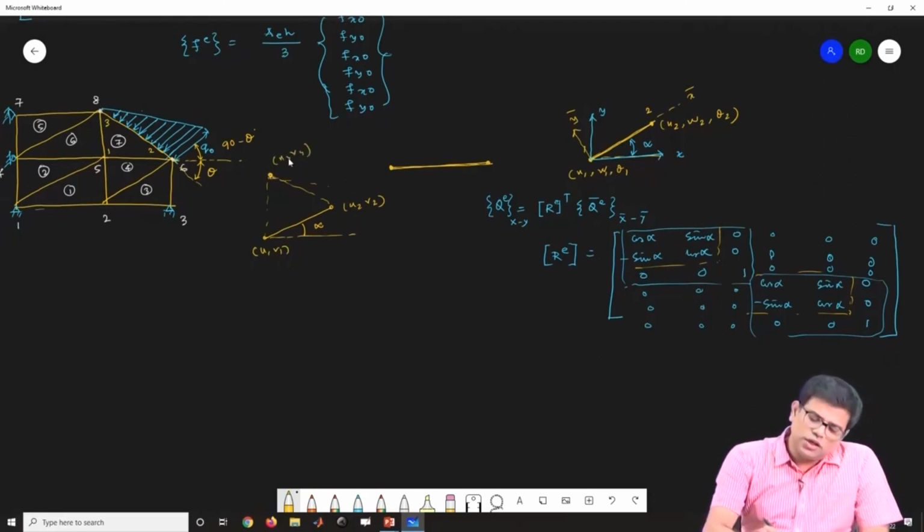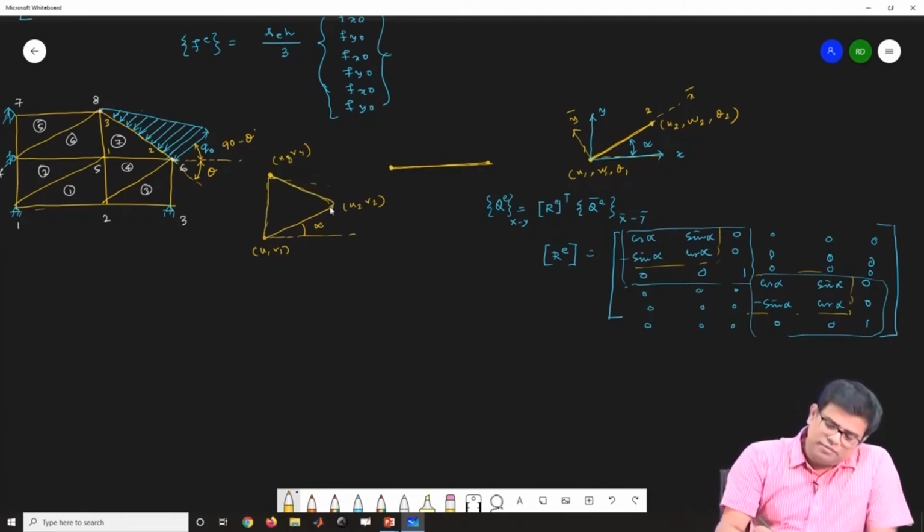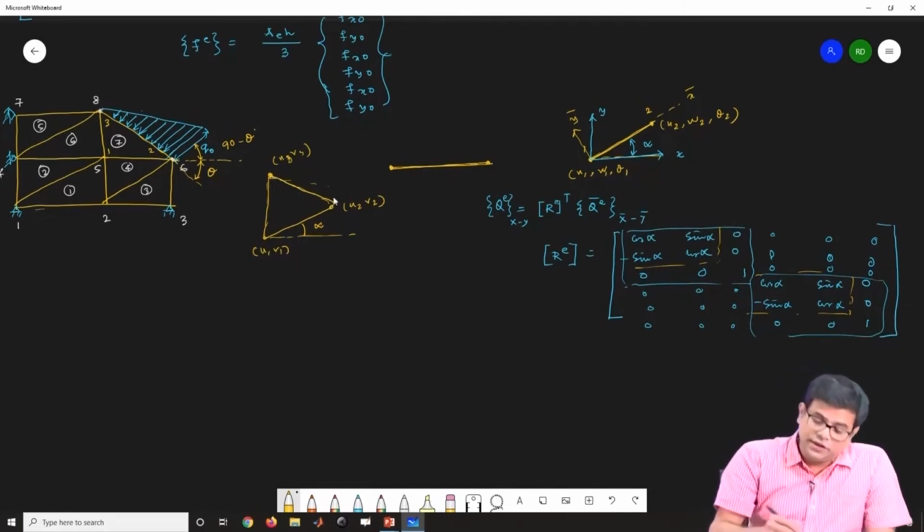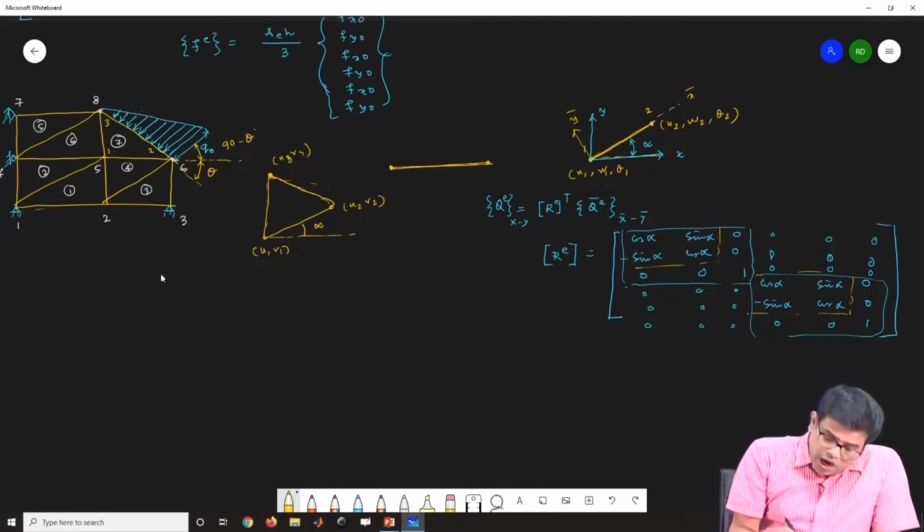Even though this node is not participating directly in the computation of traction, because this may be an internal load, you have three nodes, so you have 6 degrees of freedom in total. So now Q e for this case will again be R e transpose Q e bar.